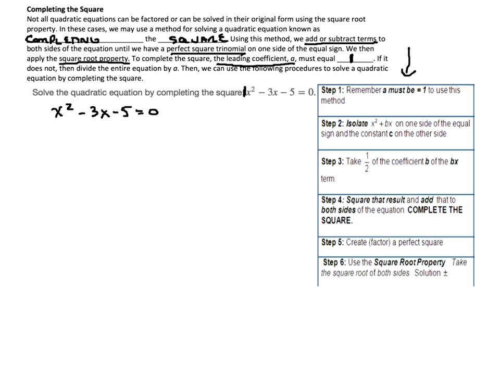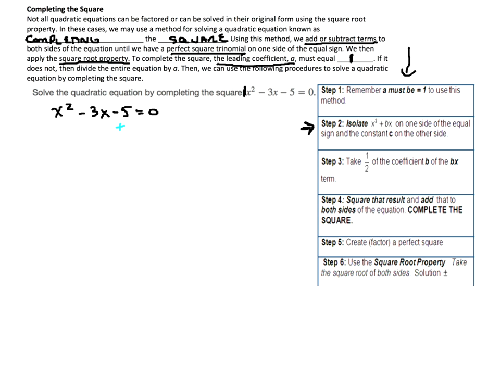Okay, look, your first step says don't forget your A's got to be 1. So let's just say that this had been a 2. If it were a 2, I'd have to divide the entire equation by 2, creating fractions on the bx term and the c term. Okay, so your next step is to isolate the x squared and bx on one side.